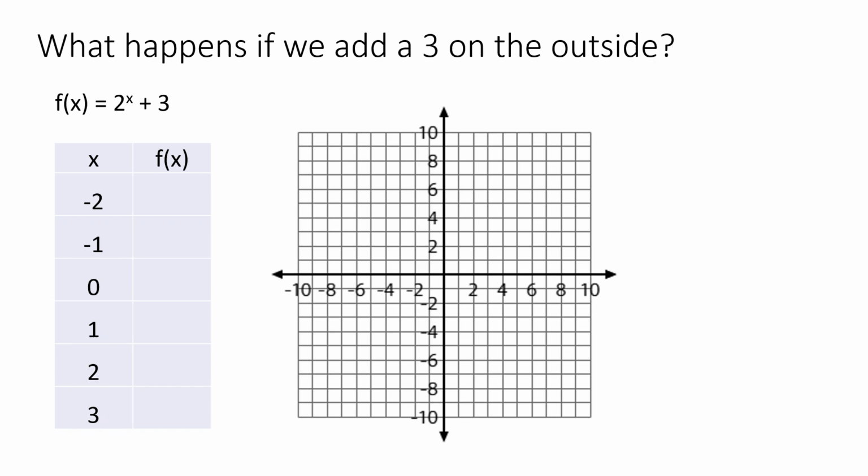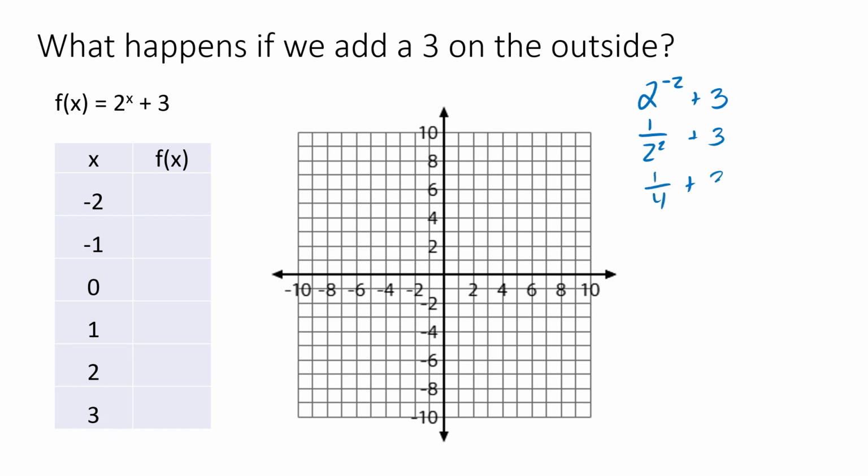So the next one is, what happens if we add a 3 on the outside? So I'm going to take my 2 to the x, same thing I just graphed, and I'm going to add a 3 to it. I'll do a little bit of scratch work over here, but we won't belabor the point. So we'll start with 2 to the -2 plus 3. Well, 2 to the -2 is still 1/2 squared.